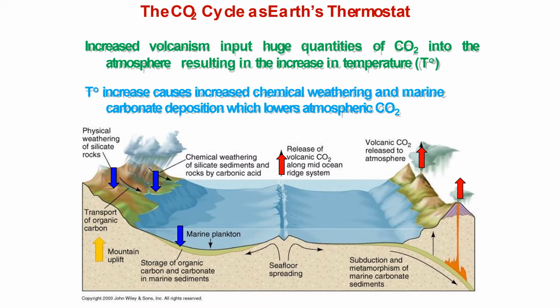Then you can also see volcanic carbon dioxide which is released to the atmosphere, and marine planktons, storage of organic carbon and carbonate in marine sediments, mountain uplift, transport of organic carbon, sea floor spreading, and then subduction and metamorphism of marine carbonate sediments.